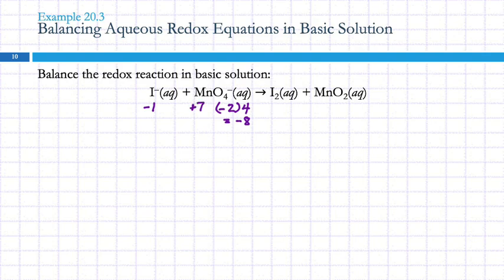We did that one already. What's the oxidation state for I2? 0. And here I have MnO2. This is an ionic compound. What's the charge on the oxygen? -2. And the charge on the manganese is +4, because there's 2 oxygens.